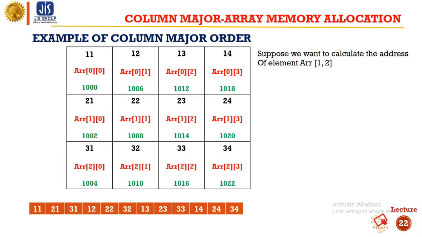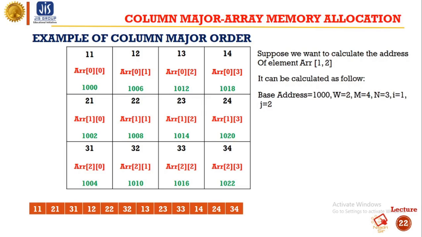So if we want to find out the value for ARR[1][2]: base address here is 1000, W is 2, same, M is 4, N equals 3, I is 1, J is 2. M is the number of columns, N is the number of rows. We equate it with ARR[I][J] like this.